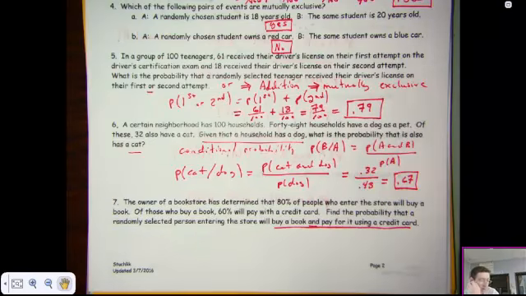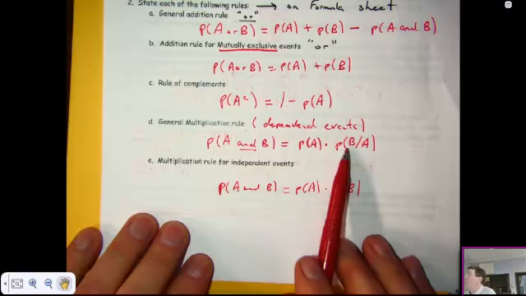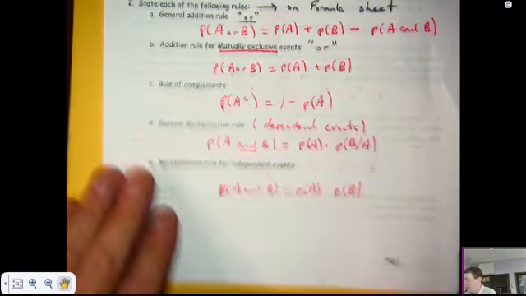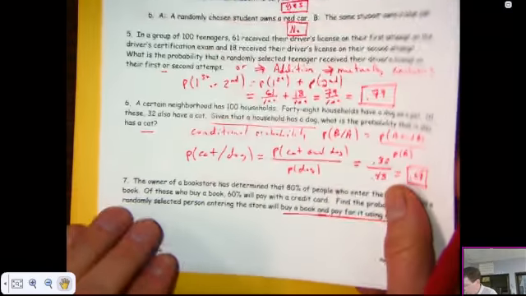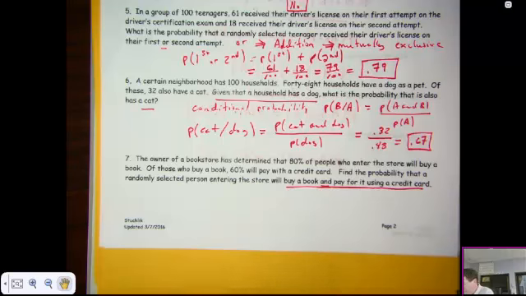It affects which formula you're going to use. On the very front page we had a couple of different formulas for the and. Here we have this formula for the dependent and this one for the independent. You have to decide which type of events they are. Does one affect the probability of the other?